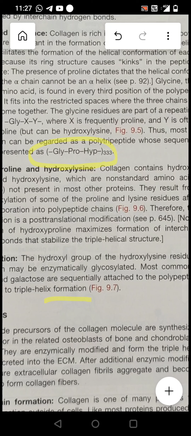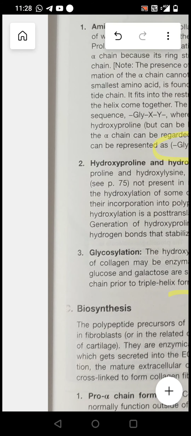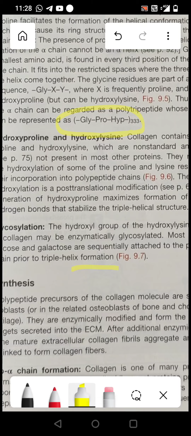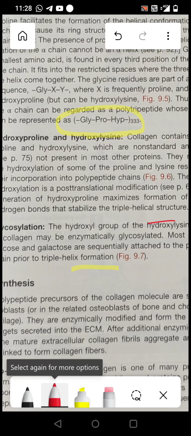it maximizes the formation of interchain hydrogen bonds to stabilize the triple helix structure. So in the presence of hydroxyproline, there is a maximization of hydrogen bonds. The hydrogen bonds increase whenever this hydroxy structure is present. So the post translation modification gives it a stronger structure with greater hydrogen bonding.